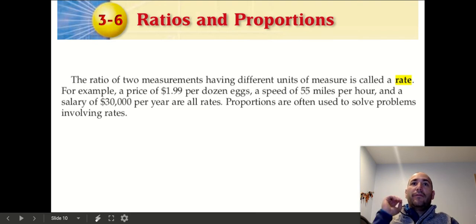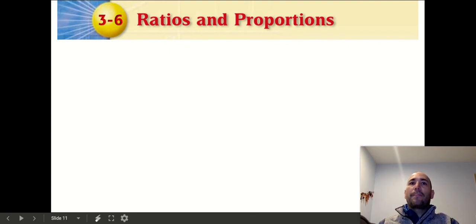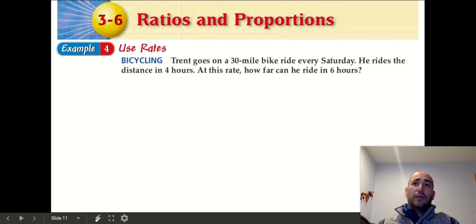A speed of 55 miles per 1 hour, and a salary of $30,000 per 1 year, right? These are all rates. You're saying you're getting this many for this many. This is happening over this amount of time, right? Those are all rates.